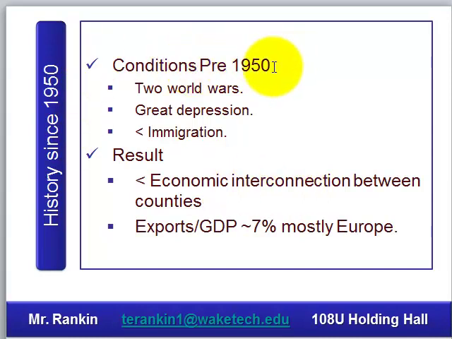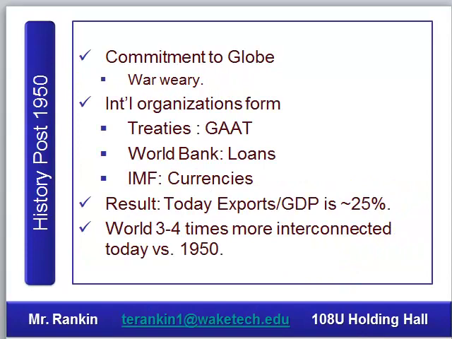Well, in around 1950, because we'd just gone through world wars and a depression and very little immigration, exports to GDP, in other words, what we built for other countries, was only about 7%. And most of that 7% was in Europe. If you took Europe out of the picture, because the countries are so close to each other, this number would be about 3%. So what you had in the world was every country producing for their own needs, and very little of it was traded or exported.